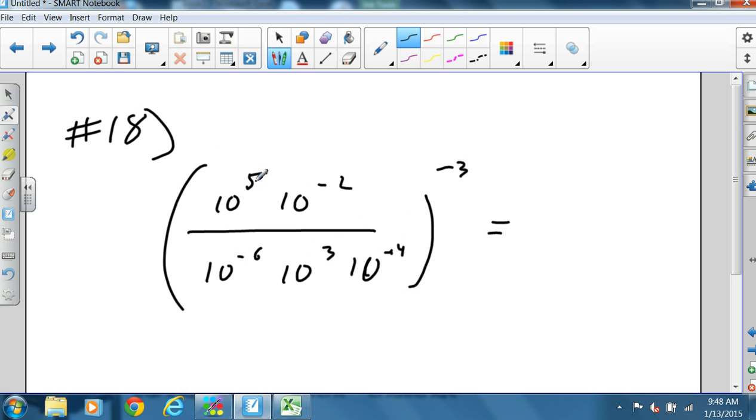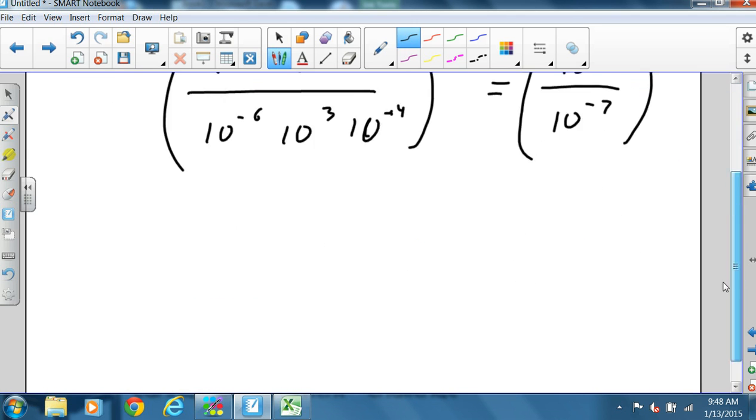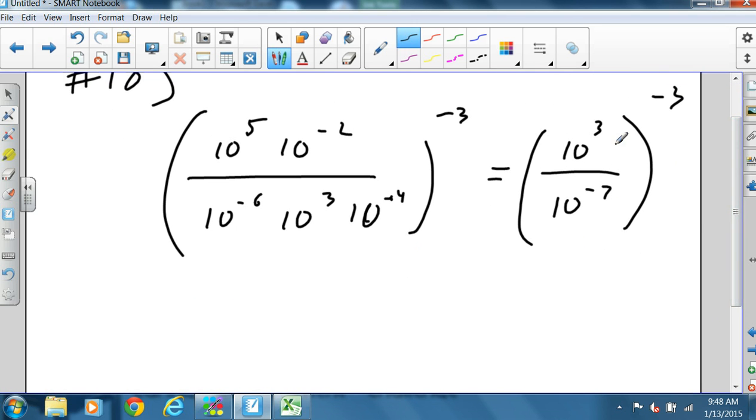So 5 minus 2, that's 10 cubed, minus 3 minus 10 plus 10 to the minus 7, raised to the minus 3. The minus 7 goes on top, 10 to the 10th, raised to the minus 3, 10 to the minus 30.